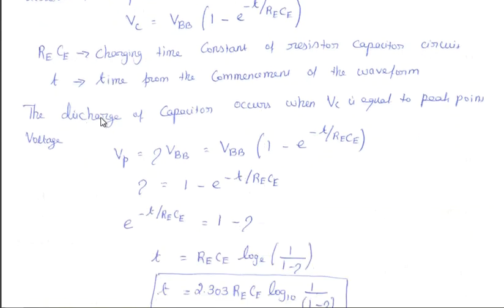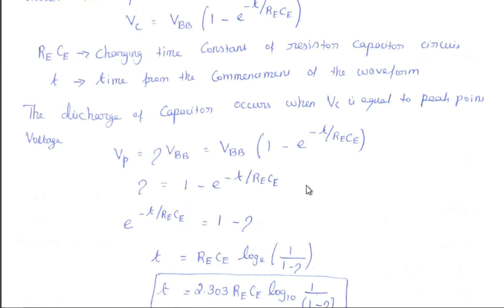Let me conclude. Discharging of the capacitor occurs when VC is equal to the peak point voltage, so we equate VP and VC. So VP equals eta into VBB, and VC we take as VBB into 1 minus e power minus t divided by RE into CE.